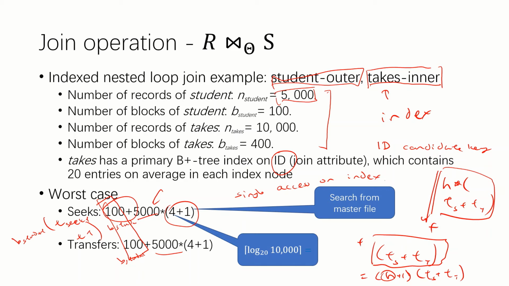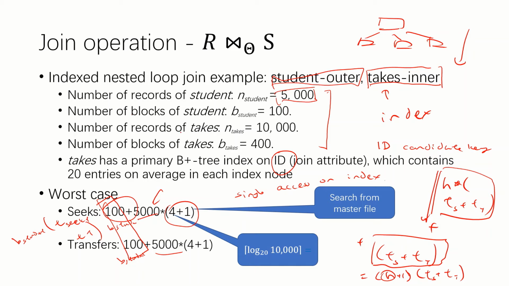What is my H? H is the height of my B plus tree. Before that, sorry, I should say which record we are talking about.